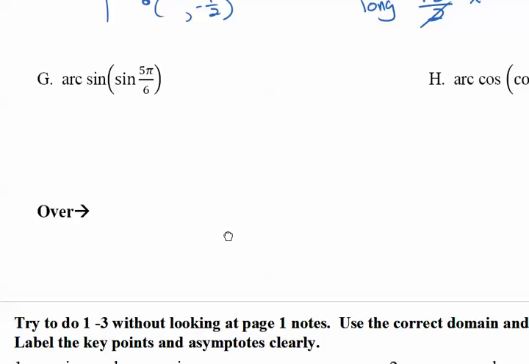And in G, now we have the arcsine of a sine. And I hope your first intuition is to say, well, an inverse sine of a sine has to cancel out, and we should get right back to 5/6 pi. But there's a wrinkle, of course. 5/6 pi is over here in quadrant 2, and we are not allowed to give an answer of 5/6 pi.